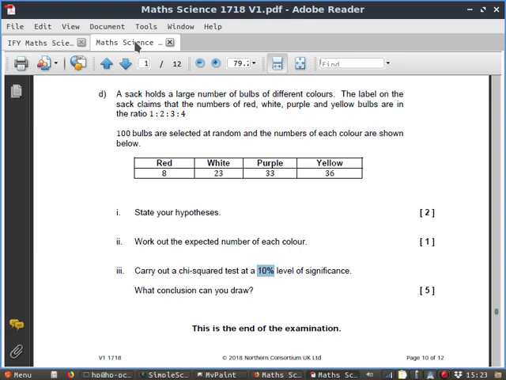This is the same as the mark scheme. It's very similar to it, correct, yeah.